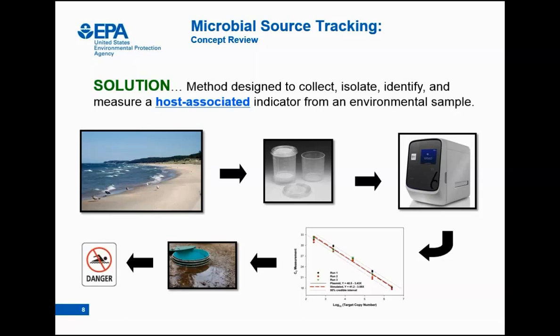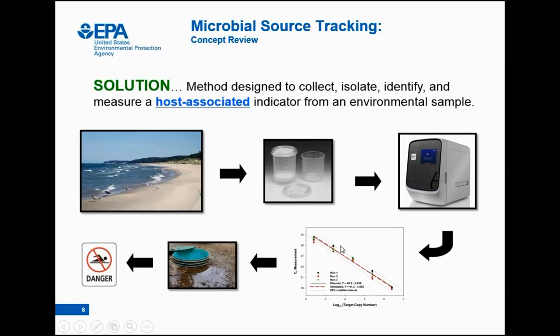And what I've done here is kind of made a flow diagram that shows how these methods work on a very overview type level. So you'll see here on the left you have a body of water that you believe to be impaired. You would collect a sample, concentrate or filter that water sample. You would use some type of technology to measure that host-associated indicator.